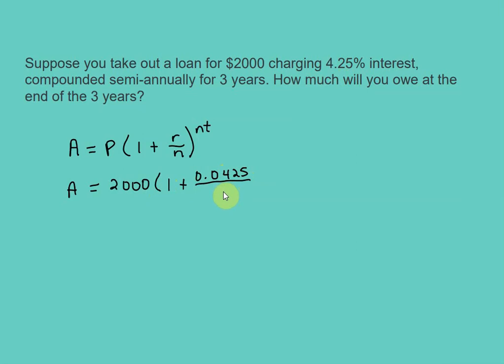Semi-annually means twice a year, so that would be a 2 in our denominator and a 2 in our exponent, times t, which is the number of years. And in this case, it's 3. Once again, if you want to multiply that together, that just gives us 6. We can raise it to the 6th power. And let's plug all that into our calculator.